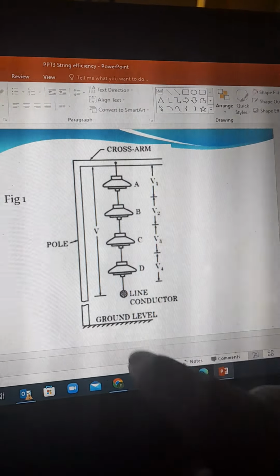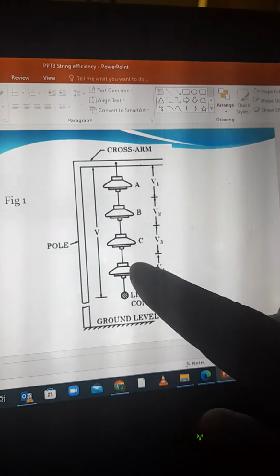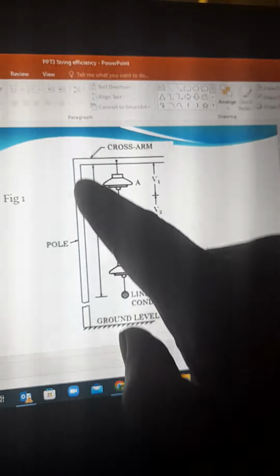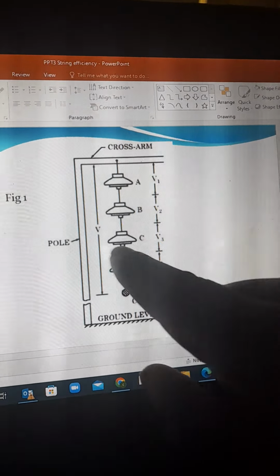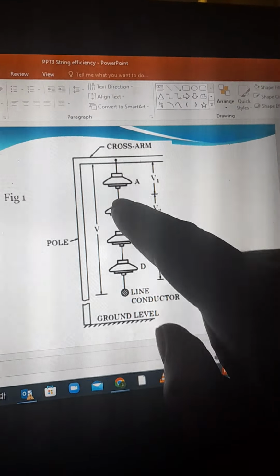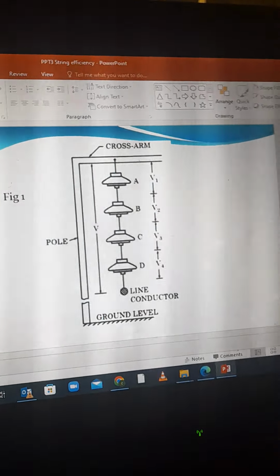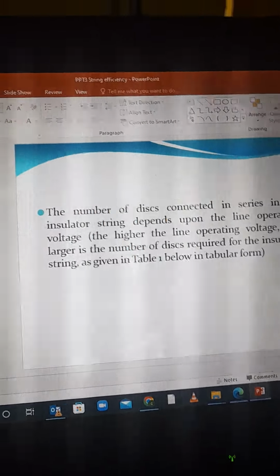That's what we call a shunt capacitance. These capacitors are equal, and those shunt capacitors are equal as well. So the voltage differs because of these capacitors. I'll show you now the representation of this circuit.